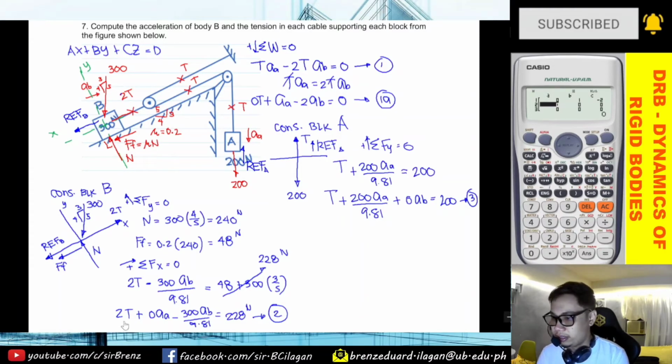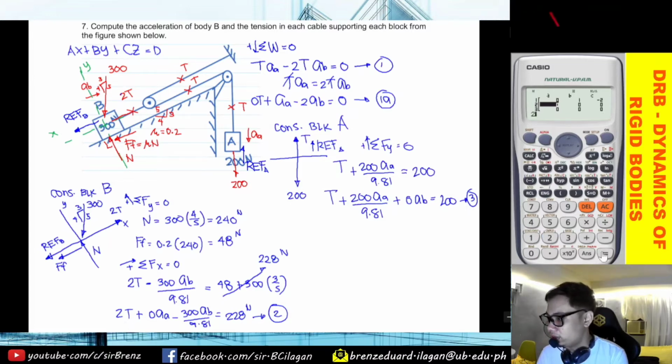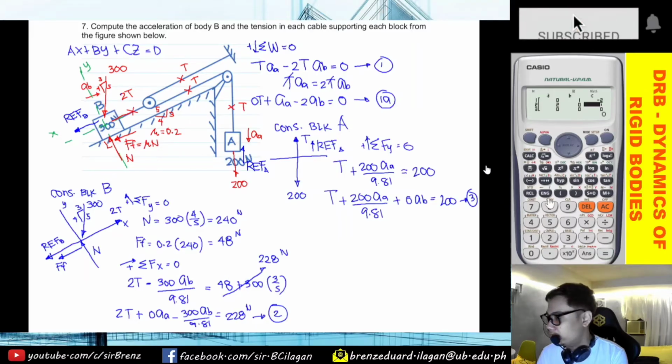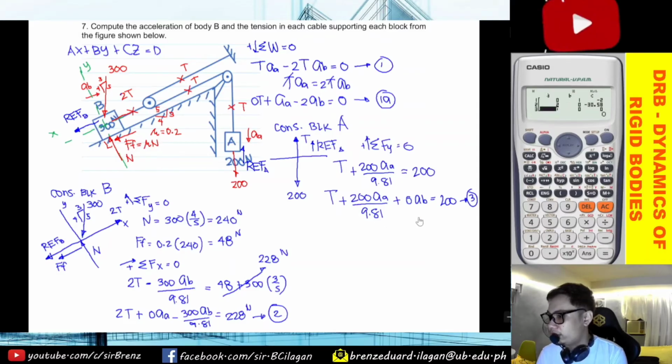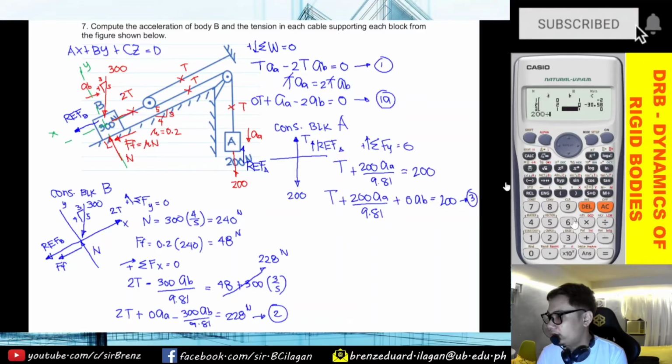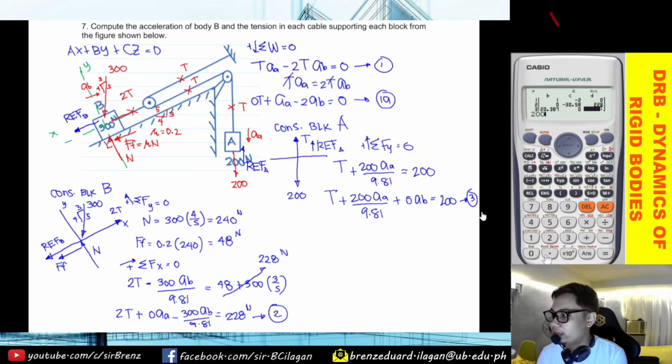Next, for equation number 2, ito yung input natin sa calcu: 2t, or 2, tapos 0 a sub a, and then negative 300 divided by 9.81, and then 228. And then for equation number 3, so 1, and then 200 divided by 9.81, and then 0, tapos 200.